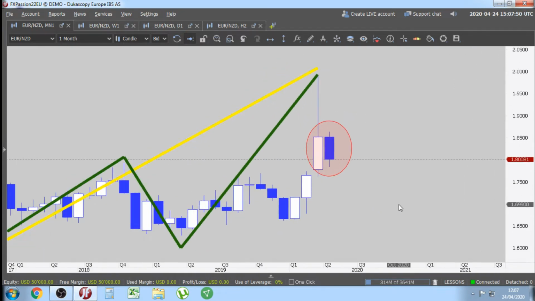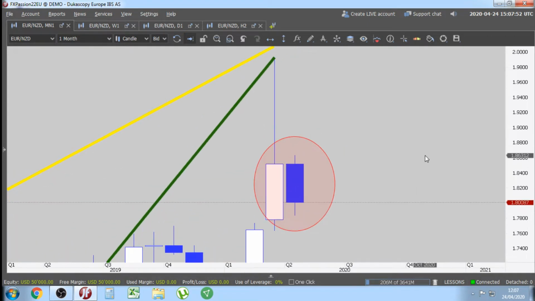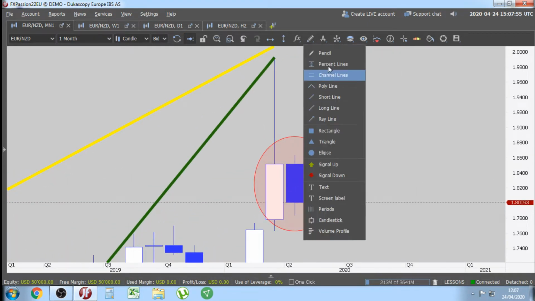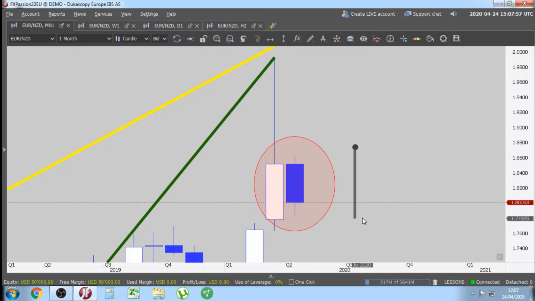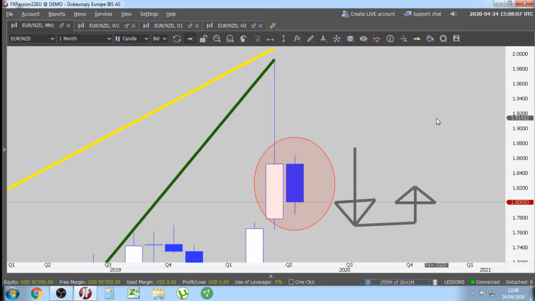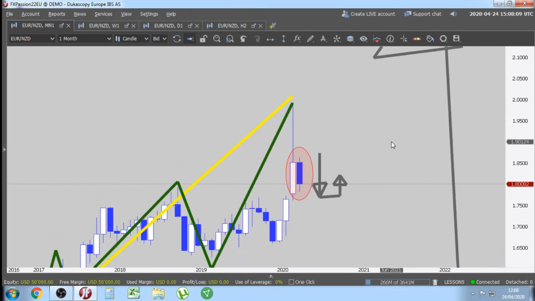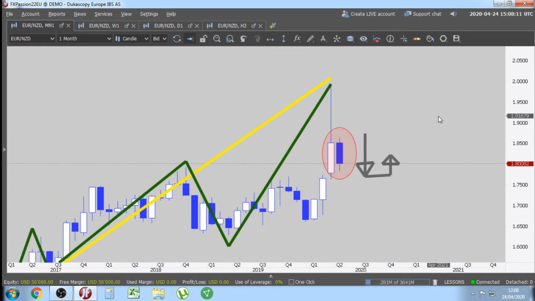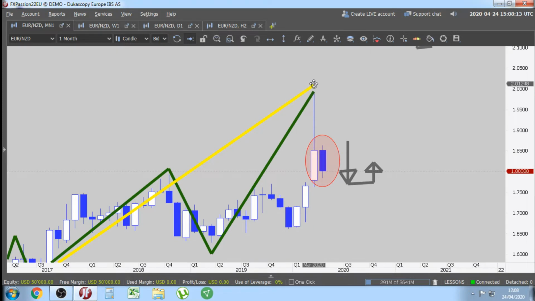So if you zoom in enough, you are going to see that this candle on the monthly chart was pushing down, and right now is pushing up, right? So this is what we are seeing from the monthly chart. So long term we want to go long. Short term we don't have a trade right now.